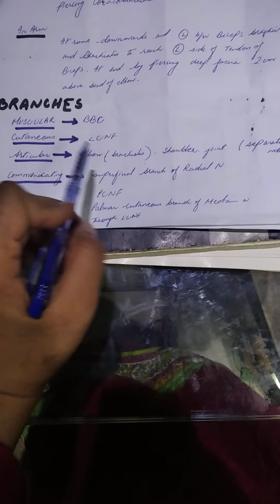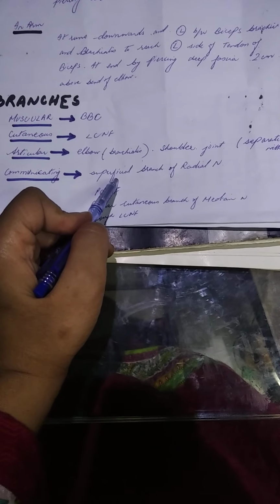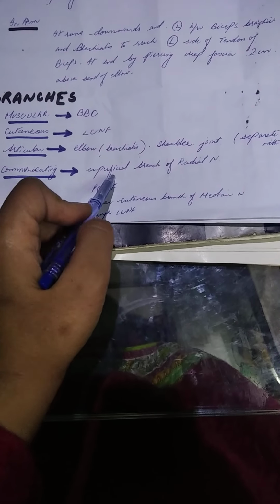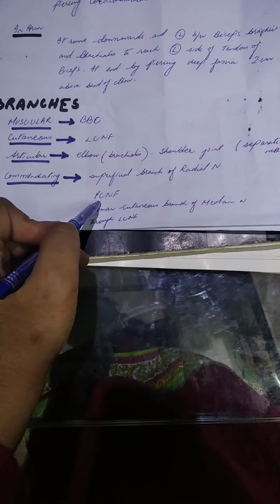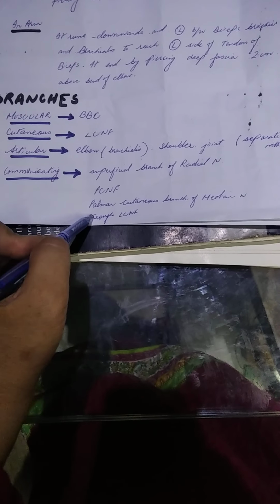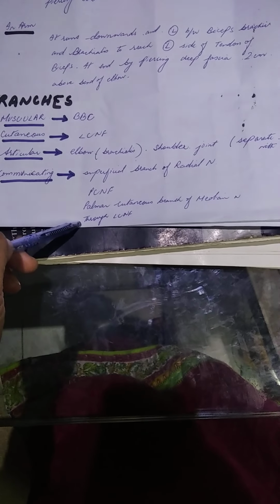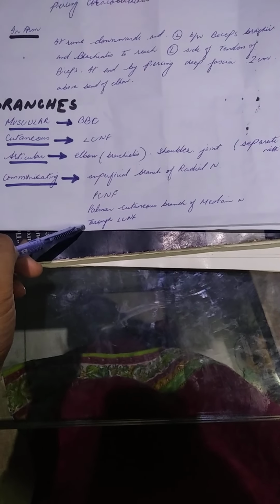Communicating branches communicate with other nerves: number 1 is the superficial branch of radial nerve, and then the posterior cutaneous nerve of forearm, and the palmar cutaneous branch of median nerve through lateral cutaneous nerve of forearm.